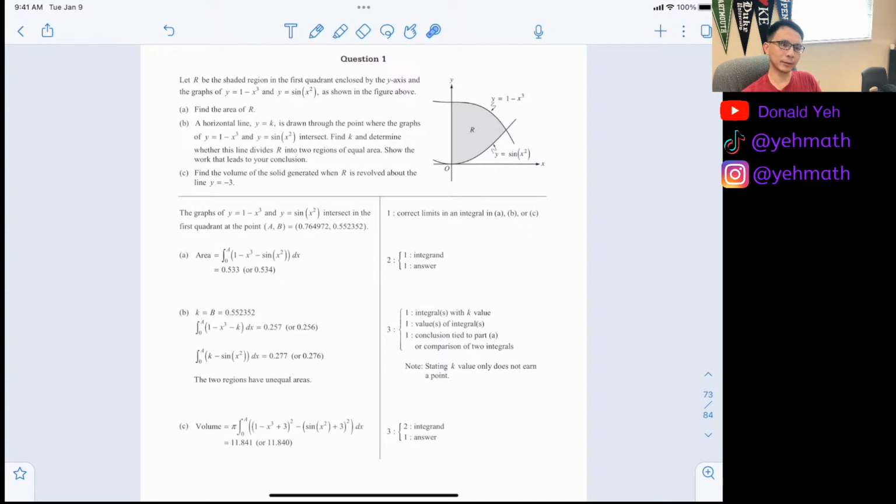Oh, okay, yeah, you're right. So you can do it from a Y perspective, yes, but you have to do it in terms of 1 minus Y, cube root of 1 minus Y.